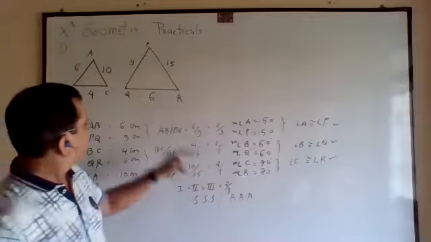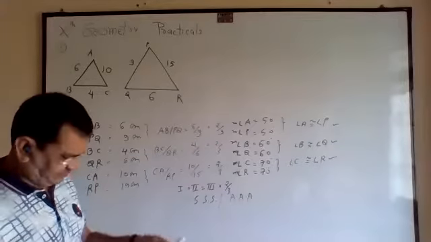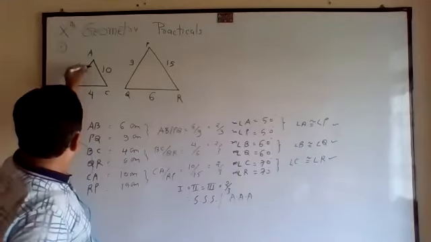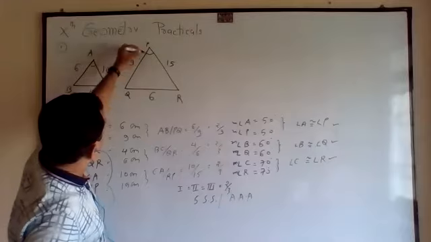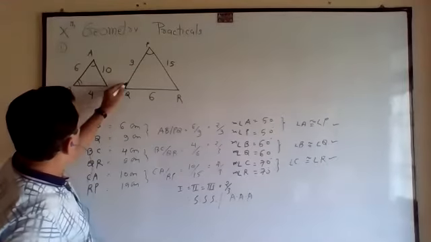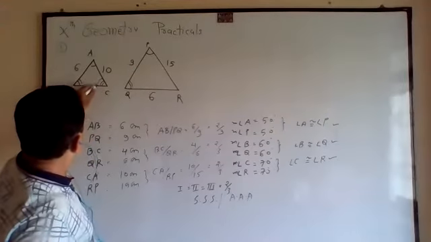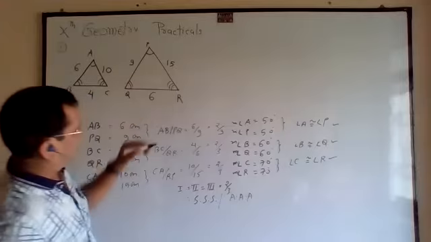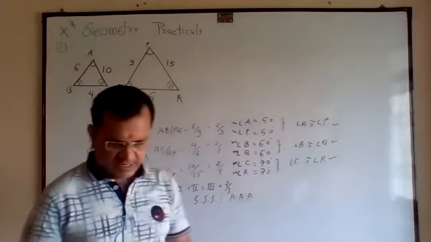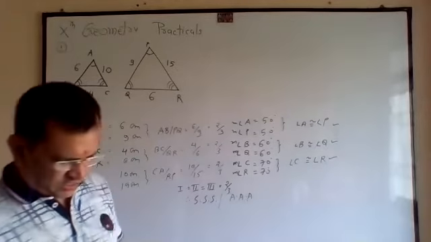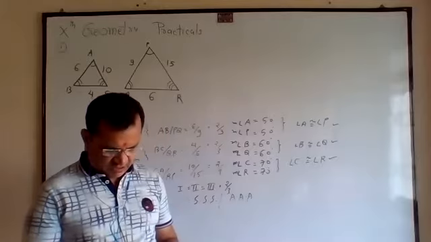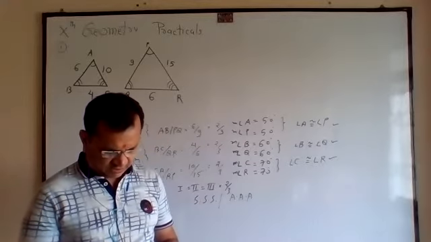So SSS. Now measure this. A congruent to P, B congruent to Q, C congruent to R. So by AA test, it is similar. Any doubt you can ask me on the spot.